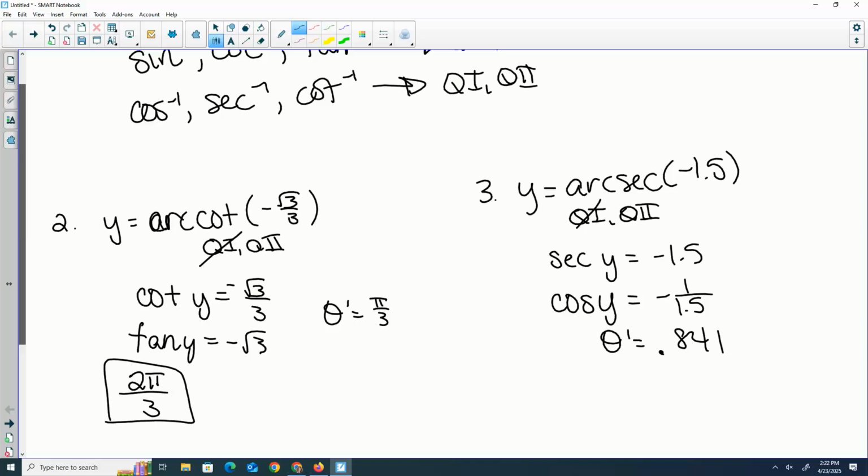How would you put that in quadrant 2? We're in radians. It's always distance to the x-axis, so we have to do pi minus 0.841. If we type that in on the calculator, we get 2.3006, and that would be our final answer.